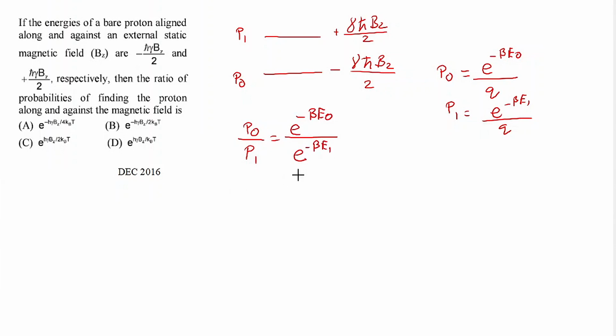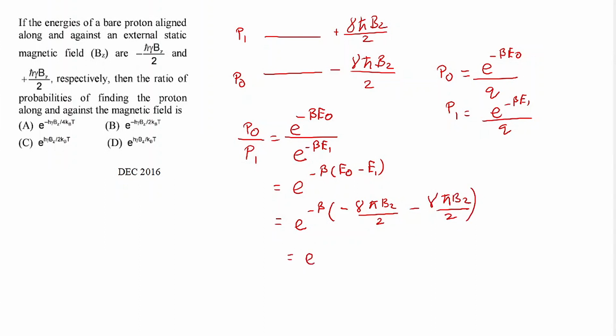Now we could write this as e raised to minus beta into E0 minus E1, and now we could substitute the values of E0 and E1. E0 will be minus gamma h cut Bz upon 2 and E1 is plus gamma h cut Bz by 2.